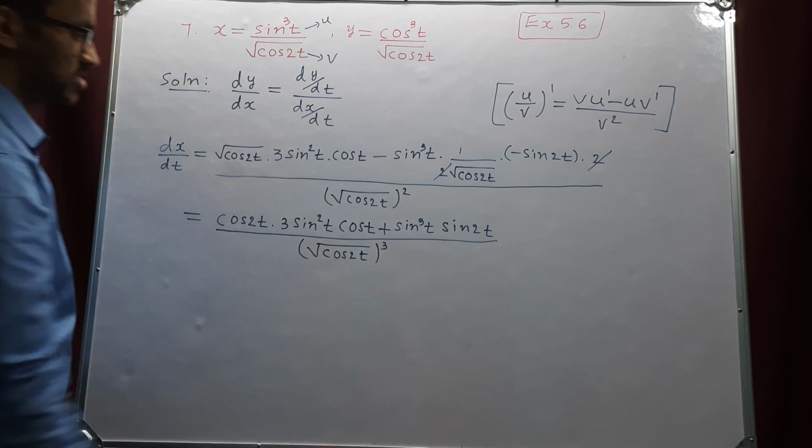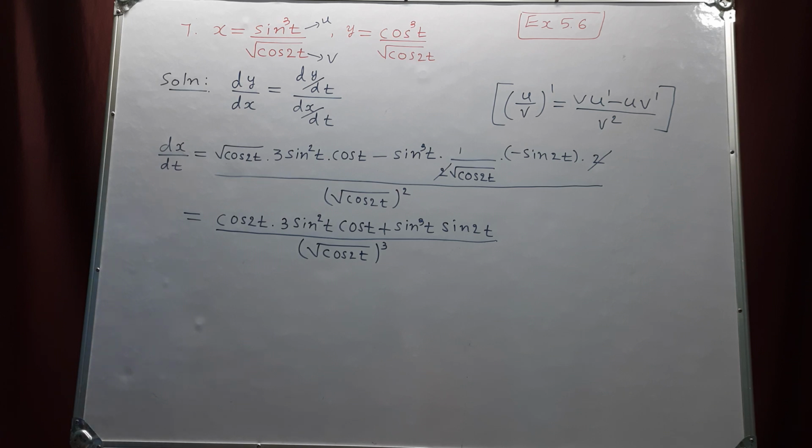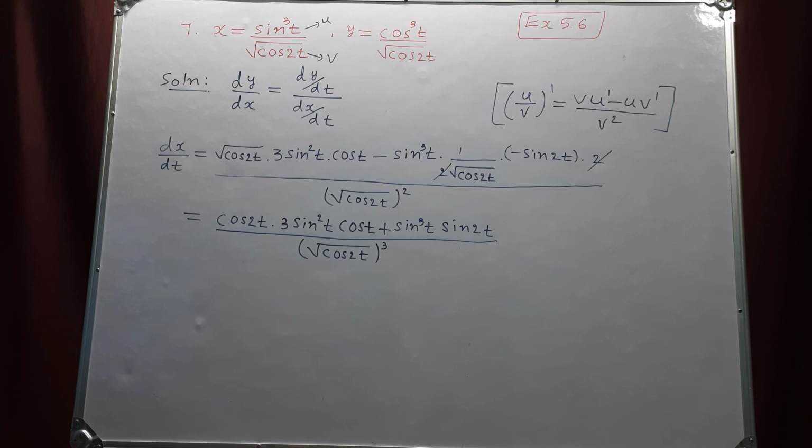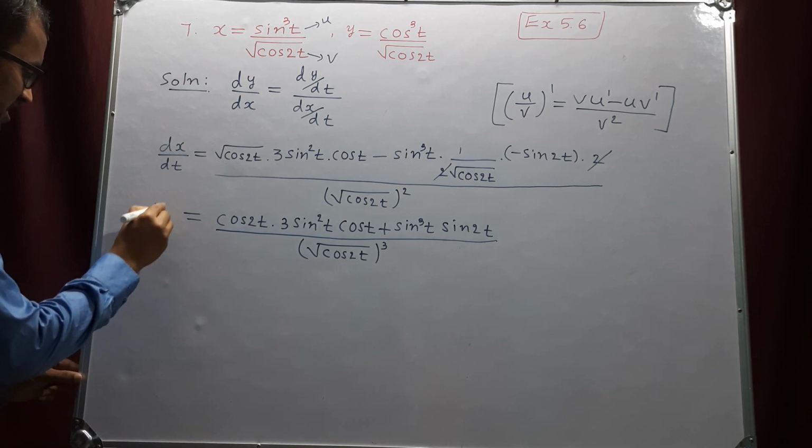This is the same as cos 2t power 3 by 2. So this is dx by dt.